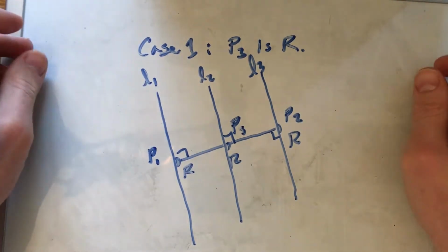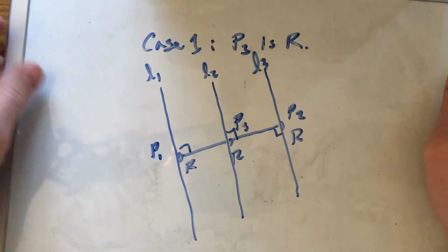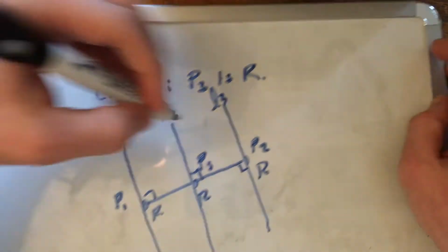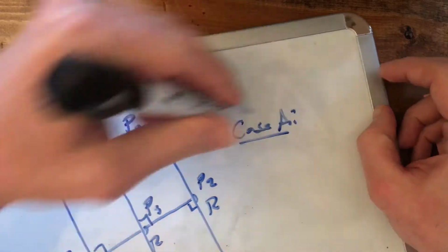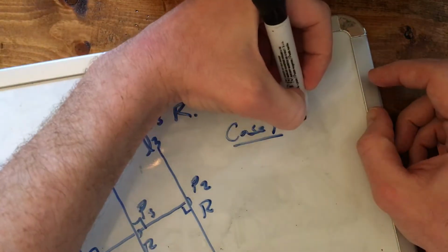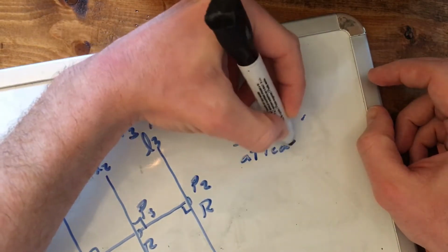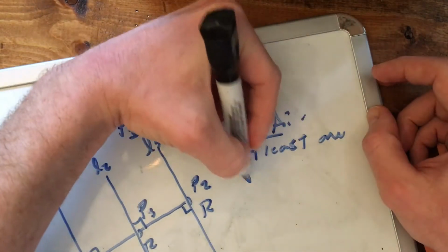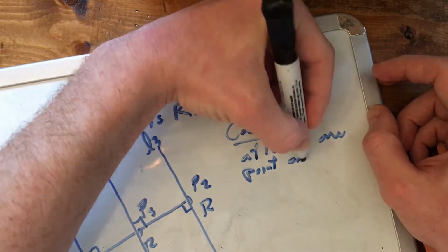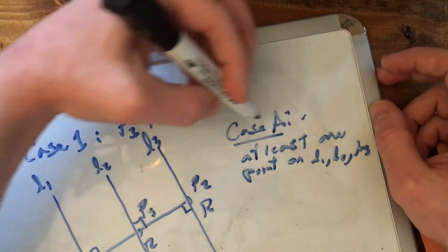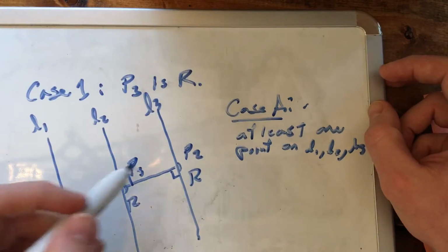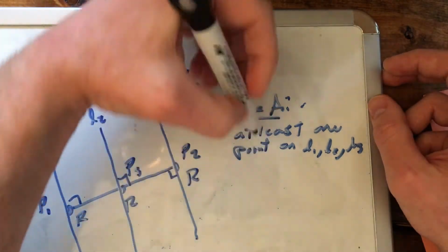Now, all right, so now we have a subcase, right? So we have case A: at least 1 point on L1, L2, L3, other than P1, P2, P3, is red.